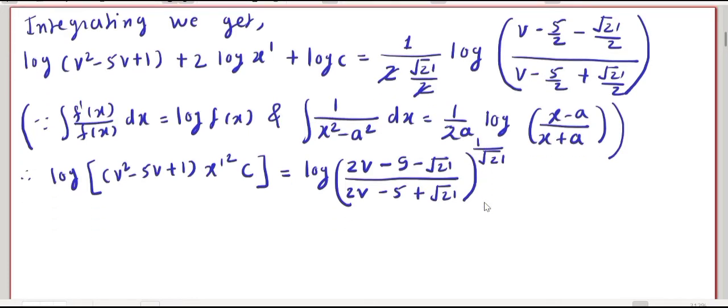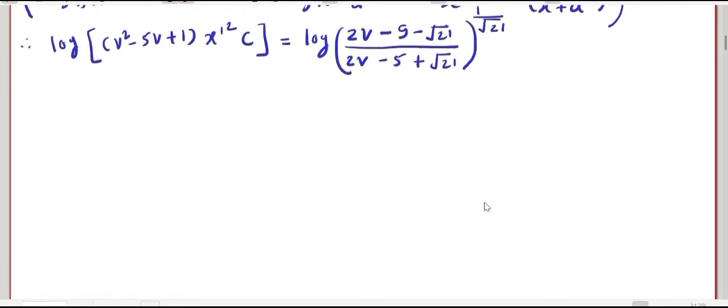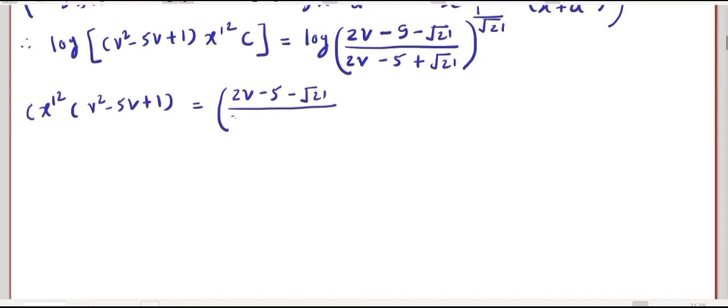So taking the anti-log of both sides, we get c into x' square into (v square minus 5v plus 1) is equal to [(2v minus 5 minus under root 21) divided by (2v minus 5 plus under root 21)] raised to 1 upon under root 21.